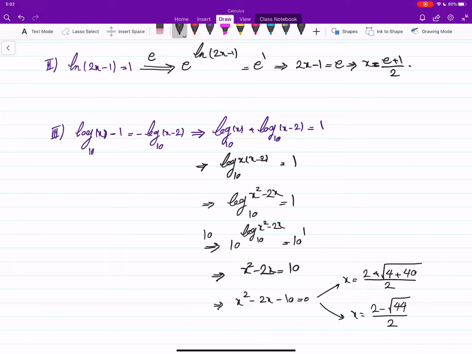Actually, we can simplify this guy. 44 is root 4 times root 11. But root 4 is 2, we can factor out. This is 1 minus root 11. This is 1 plus root 11. As you can see, this is a negative number.